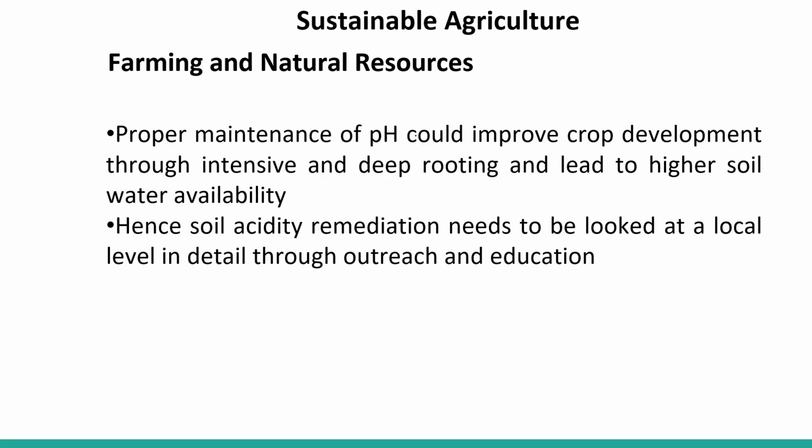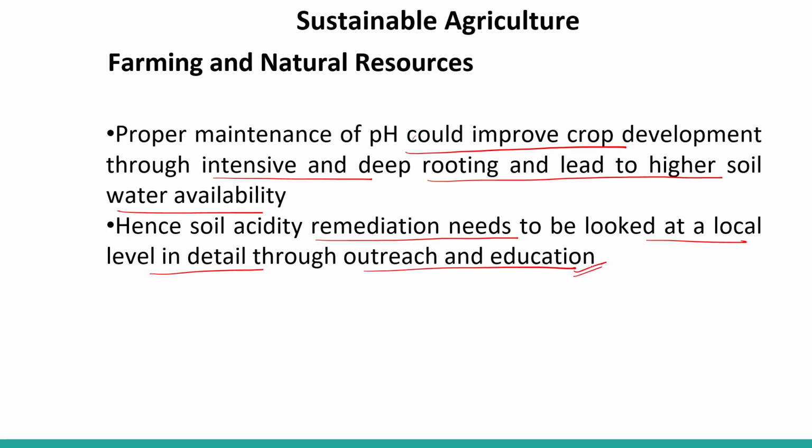Proper maintenance of pH could improve crop development through intensive and deep rooting and lead to higher soil availability. Hence, soil acidity remediation needs to be looked at the local level in detail through outreach and education. So there must be education for the farmers.